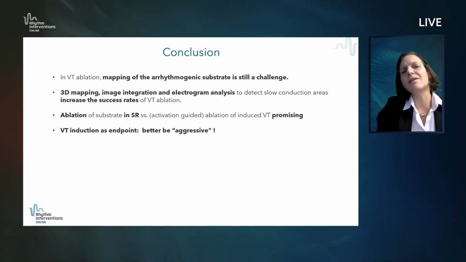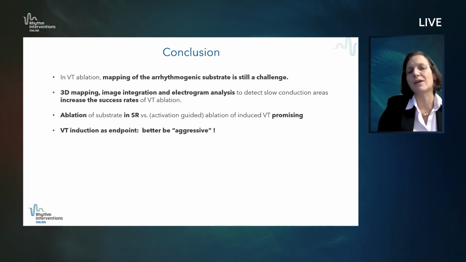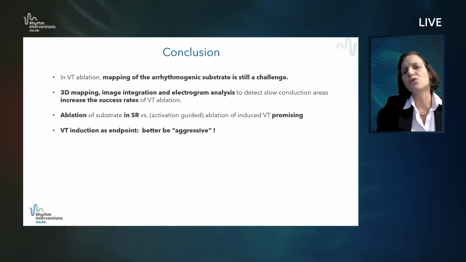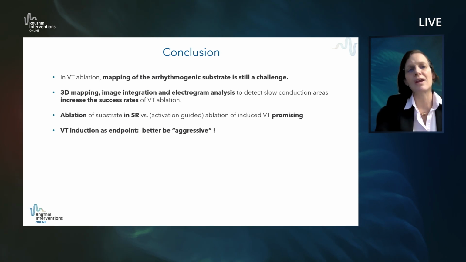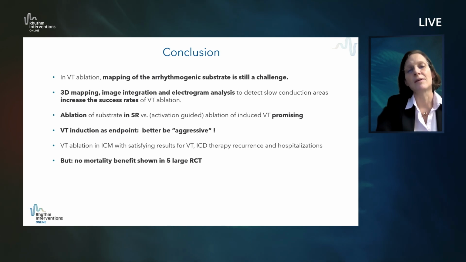Ablation of the substrate in sinus rhythm is promising, and it's maybe even enough, and we don't have to extensively induce VTs that are then not hemodynamically sustained, so that we can really go for it and not bring our patients into danger. And when it comes to VT induction as the end point at the end, you should better be aggressive and really try to get rid of these VTs, and be sure that there are no VTs left that are inducible.